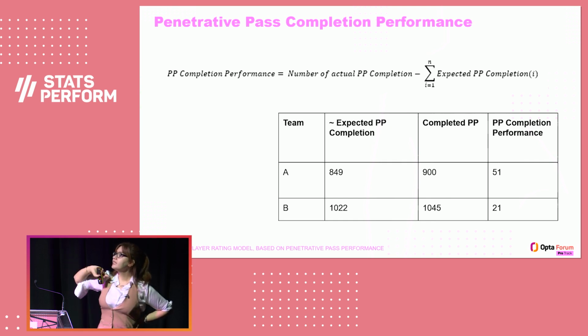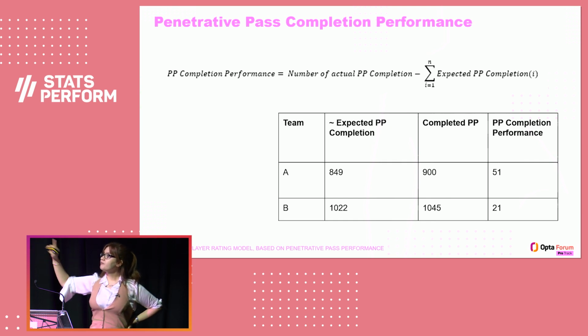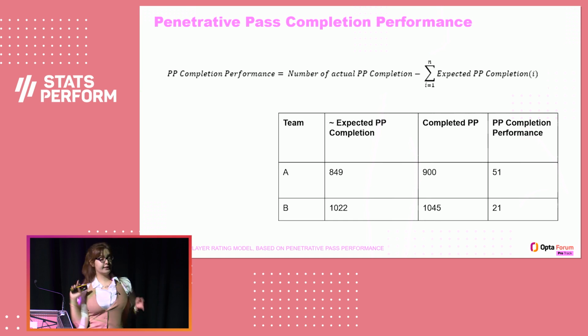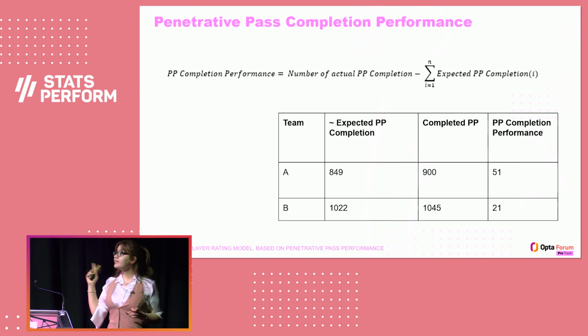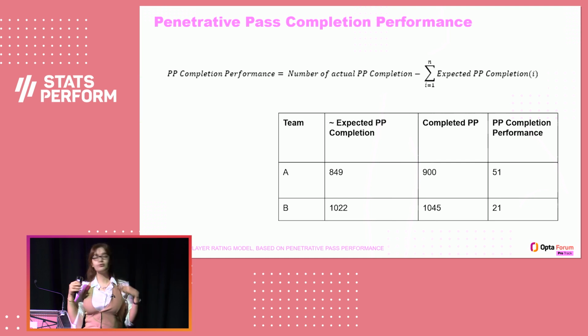For example, you can see here for team A, the expectation of PP completion was 849. It means that out of all the penetrative situations given to this team, we expect team A to have 849 successful passes. On the other side, based on the actual data from their previous data set, they completed 900 passes, and the difference is 51.